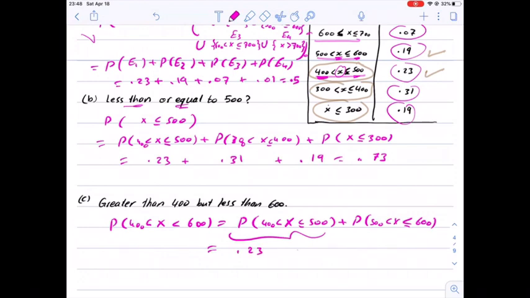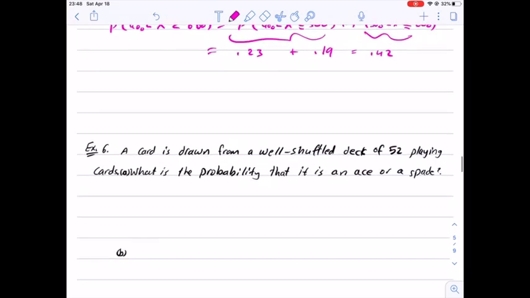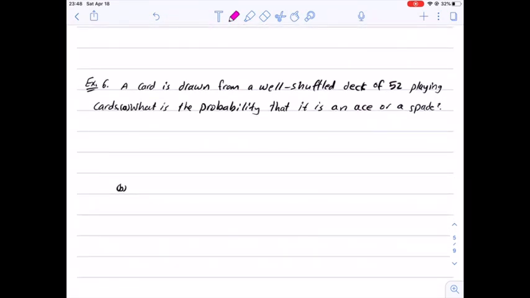So the probability between 400 and 500 is 0.23. This probability is 0.19. So the sum is 0.42.